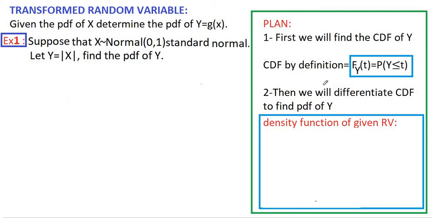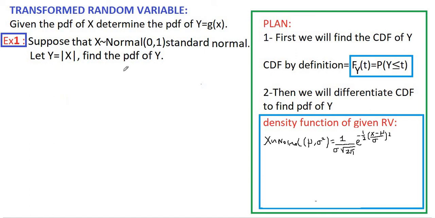Density function of the given random variable is a normal random variable. Normal random variable x, normal with parameters mu, sigma squared, is normally 1 over sigma times square root of 2 pi e to the negative 1/2 times (x minus mu over sigma) quantity squared.